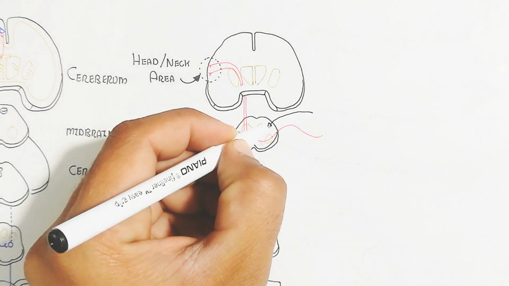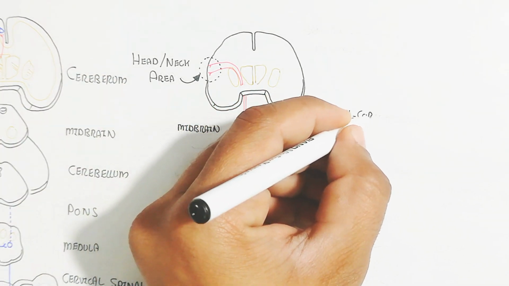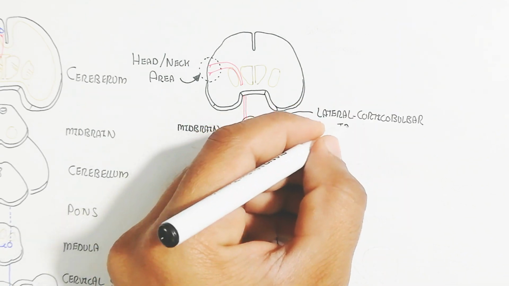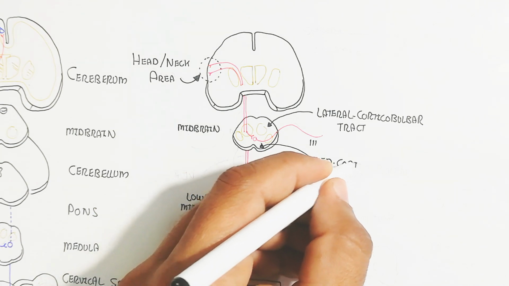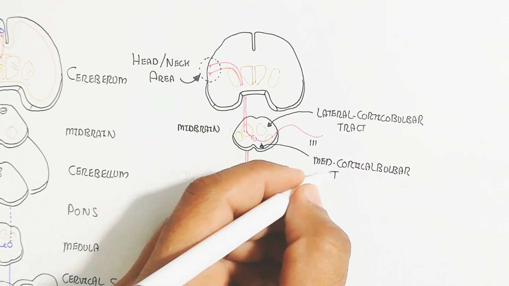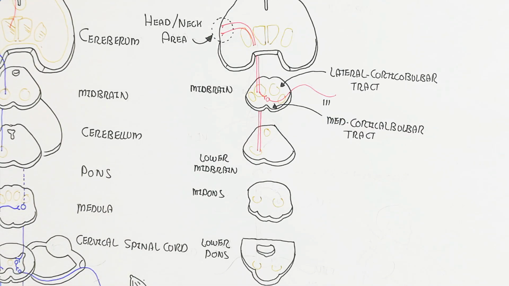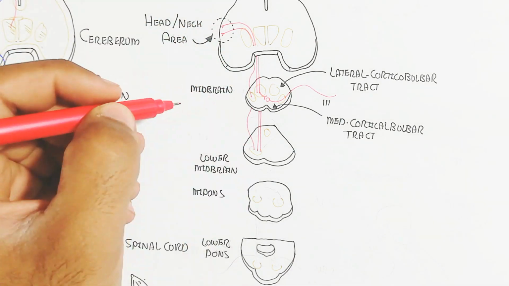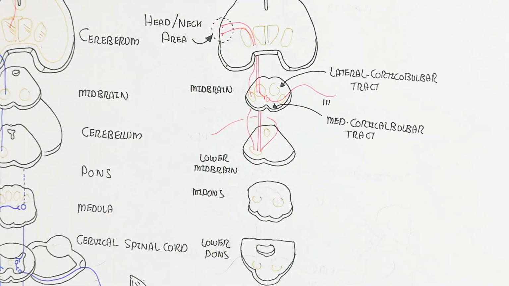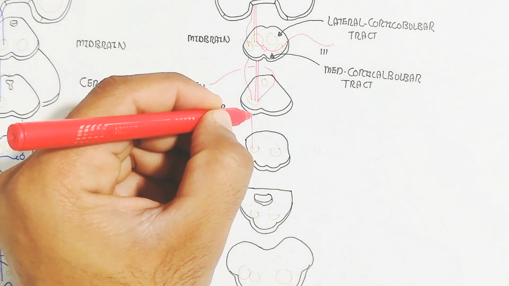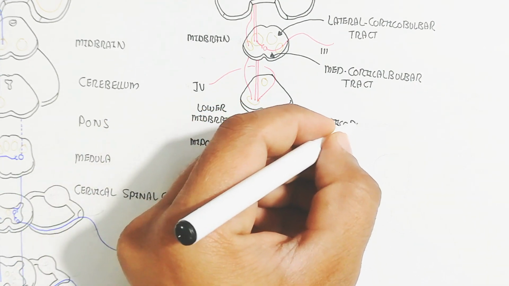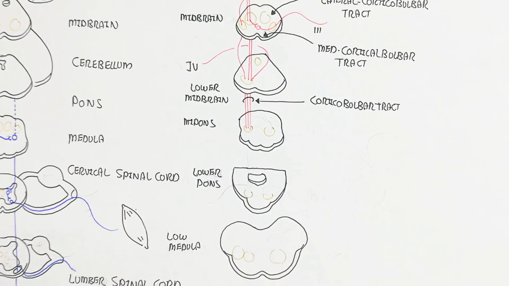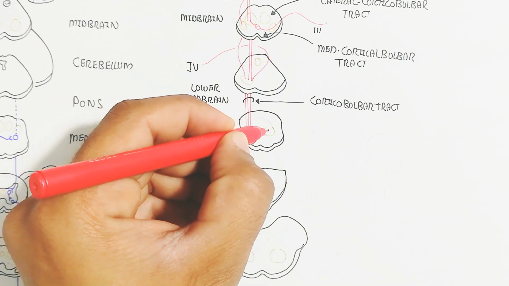In the midbrain, the lateral pathway leads to cranial nerve 3, which is involved, and the lateral corticobulbar tract. While the medial corticobulbar tract is involved for descending further down to the lower midbrain, the upper motor neurons travel down and the corticobulbar tract goes down.